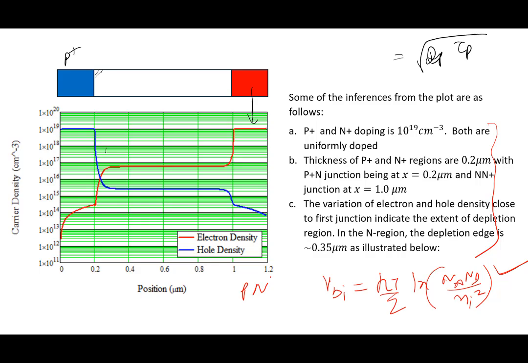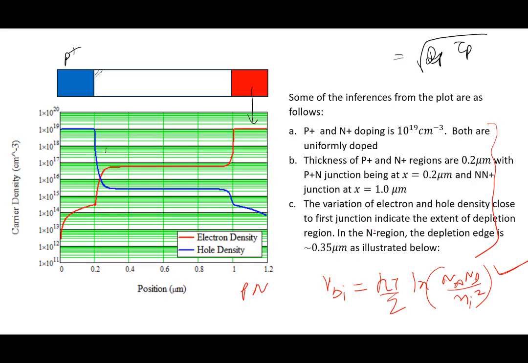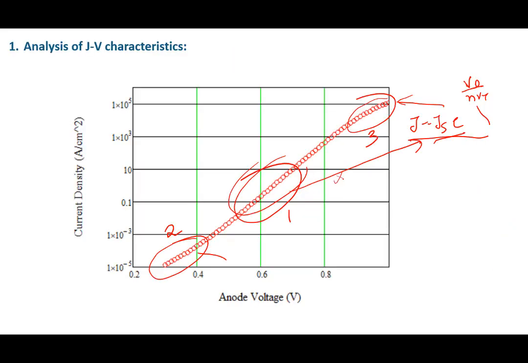Aside from built-in voltage, what else can we get? Did anybody do something else in this? Diffusion coefficients, I gave you mobility right in the beginning. All the mobilities are given, so all you have to do is multiply by kT by q.